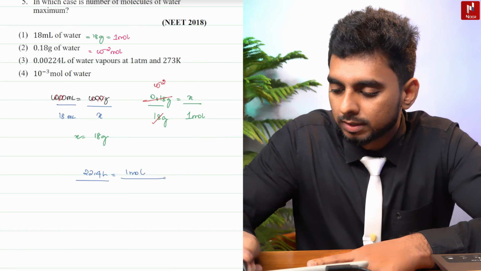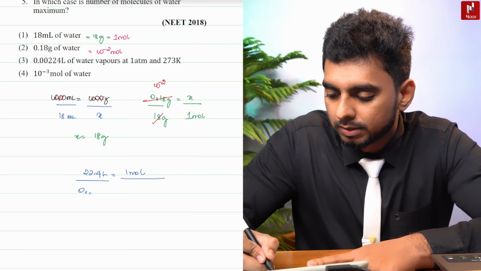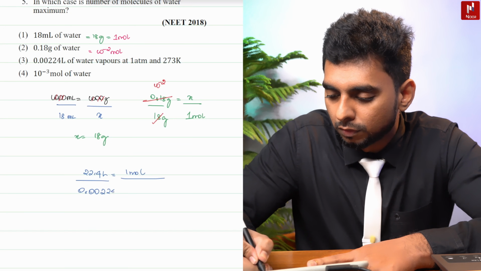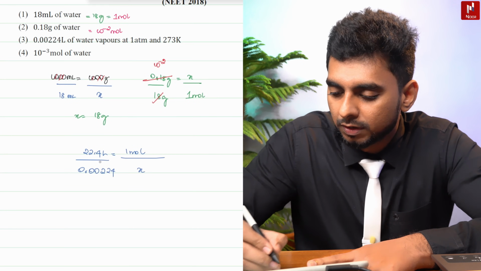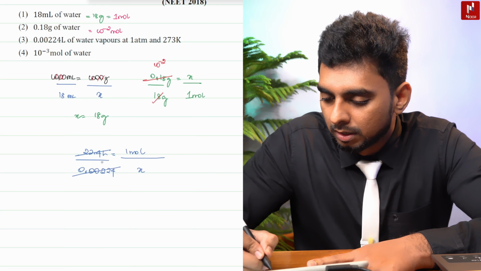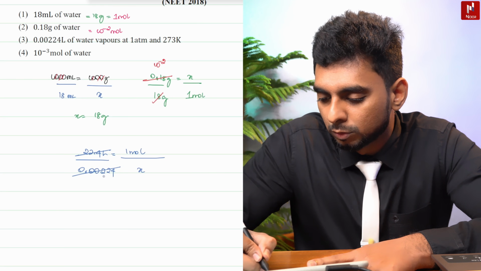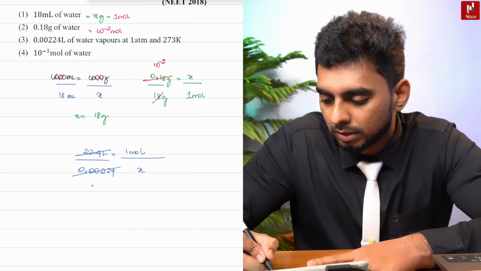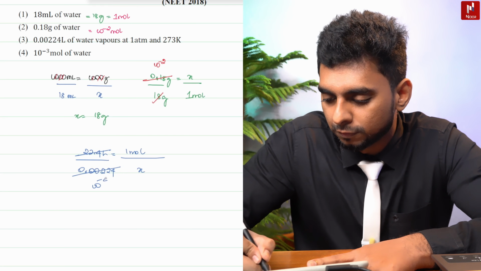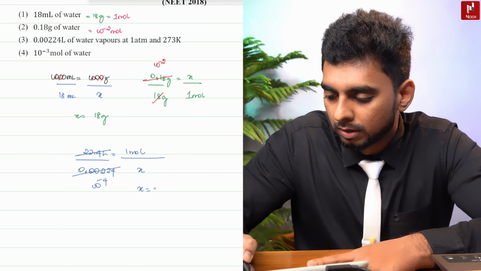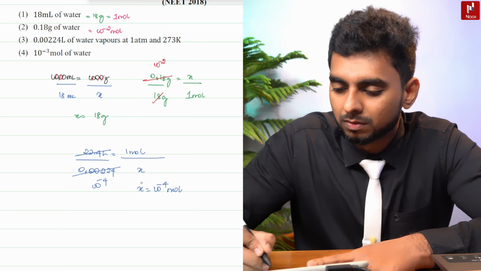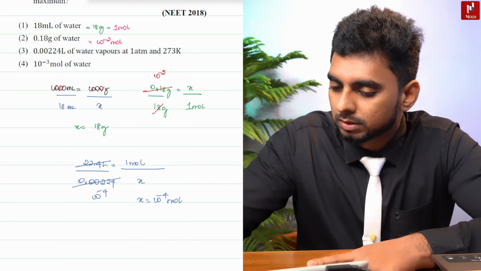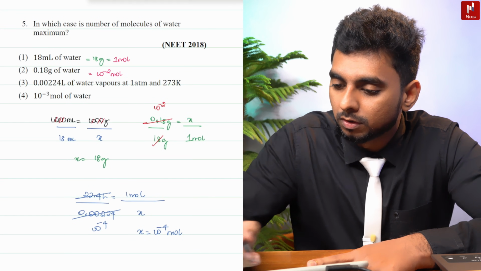What they've given here is 0.00224, which should be equal to X. So I'll have to get the X here. If I cancel this, I'll end up moving 4 decimal places. Therefore, it will be multiplied by 10 power minus 4. Therefore, X will be equal to 10 power minus 4 mole. So for this option 3, you will have 10 power minus 4 mole.